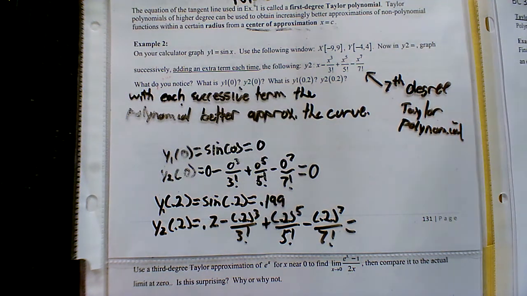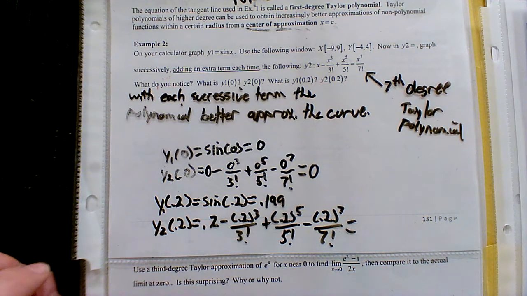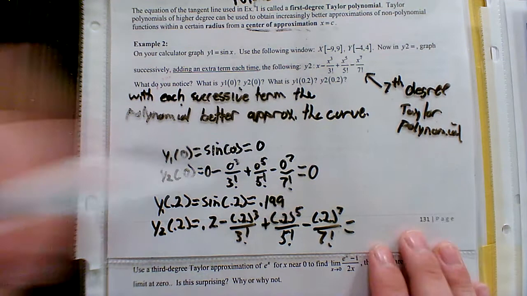And let's get your approximation to 3 decimal places. Anybody get it yet? What'd you get, Madison? 0.199.